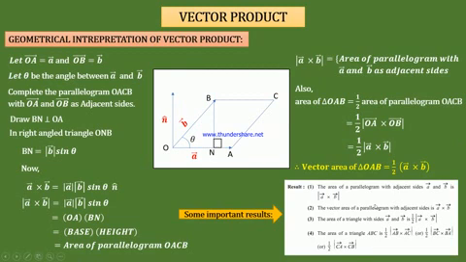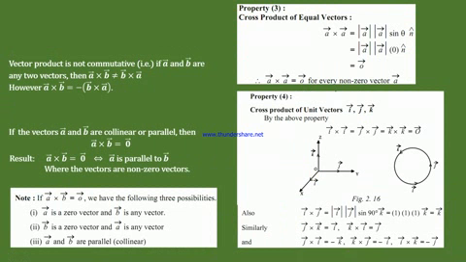The area of a triangle with sides A and B is half into modulus of A vector cross B vector. So in the A vector cross B vector, நம்ம என்ன எழுதலாம்? AB, BC, CA ன்னு சொல்லலாம், if the triangle is ABC. That's all. So all these are important.